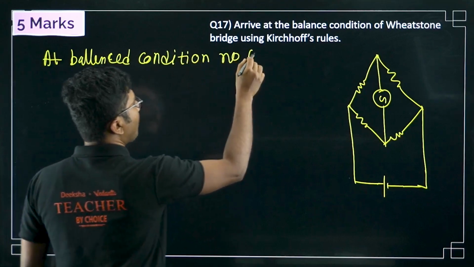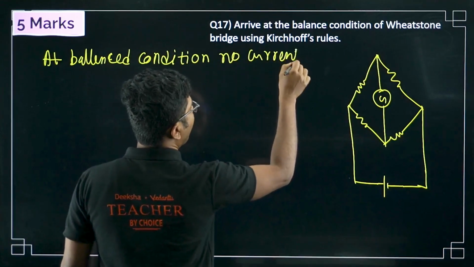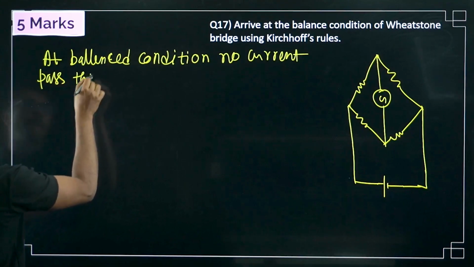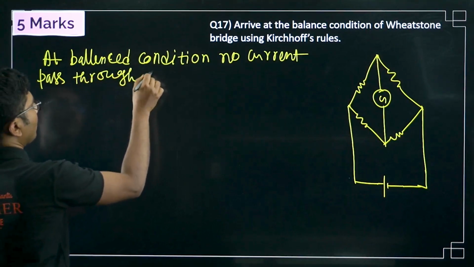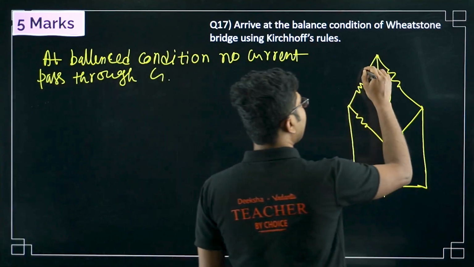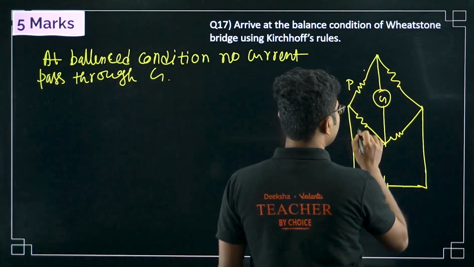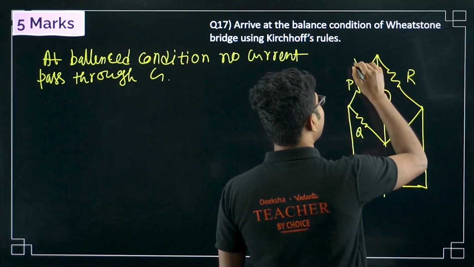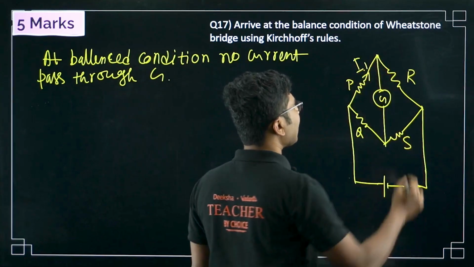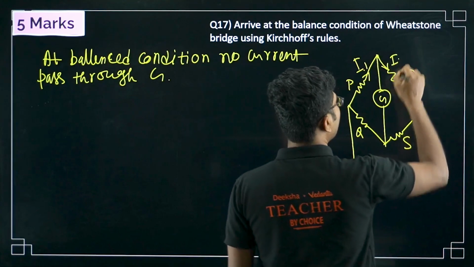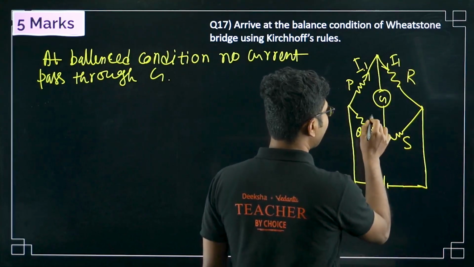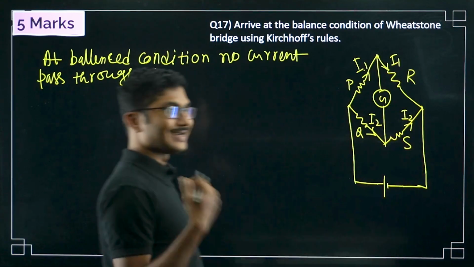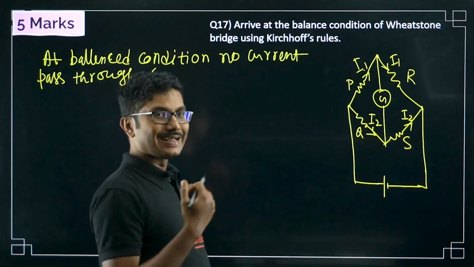So this is P, this is Q, this is R, this is S. Whatever current is passing through P, the same current will pass through R as well. I have done it in a different way in different classes, but this is the easier one to remember. If you have studied that one, that is also fine, but this is the easier one.